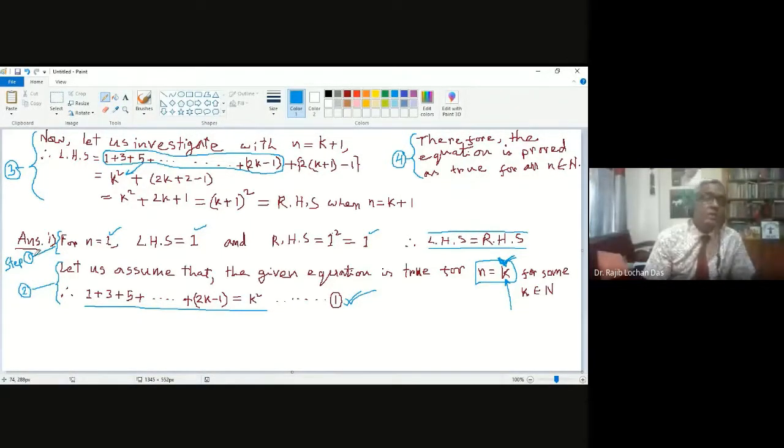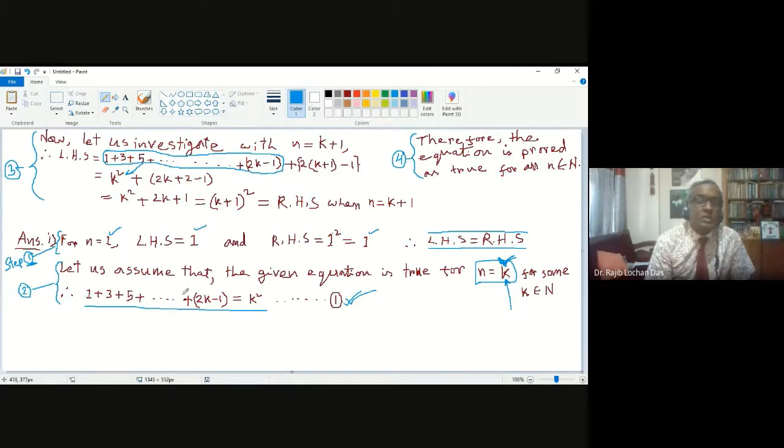So if n equal to 1 is correct, maybe n equal to 5 is also correct. You can check. Maybe n equal to 100 is also correct. So you can check left side, right side. So if you can prove that the theory is correct for a certain value, you are assuming that, okay, let us assume n equal to k and the theory is correct.